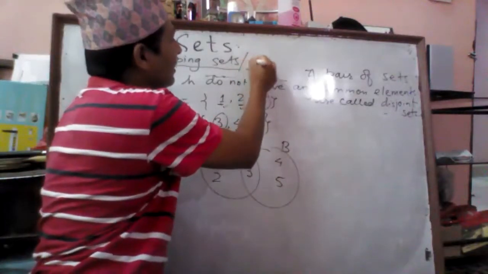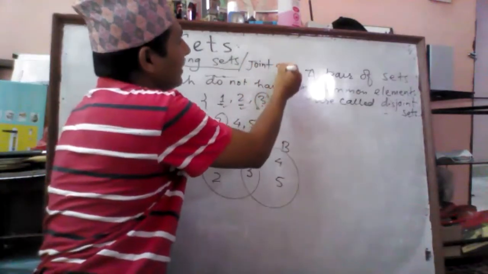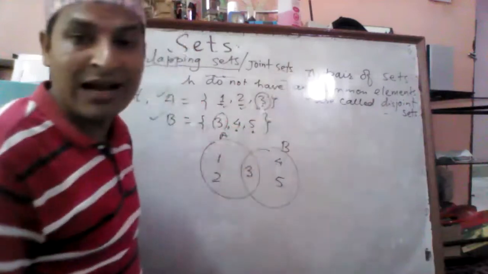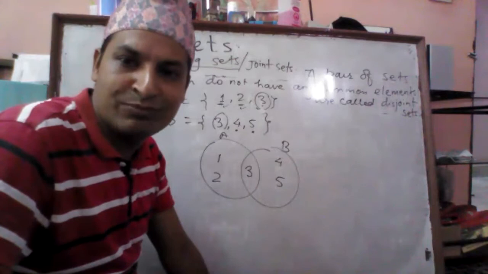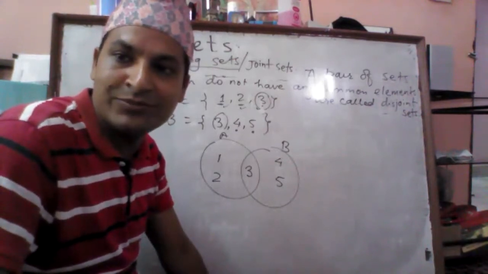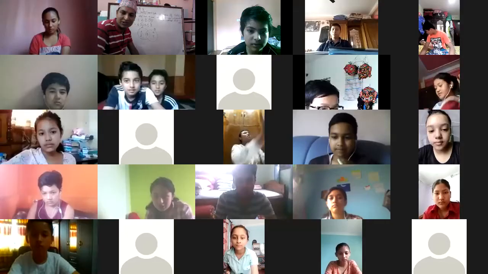We can say joint sets. How to write that, we know. So what may be the definition? Please try, everyone. A pair of sets which have a common element are called joint sets.